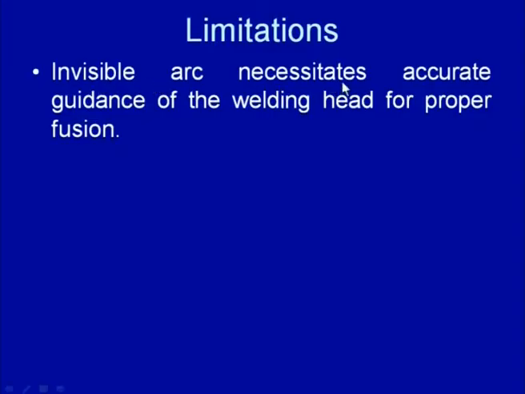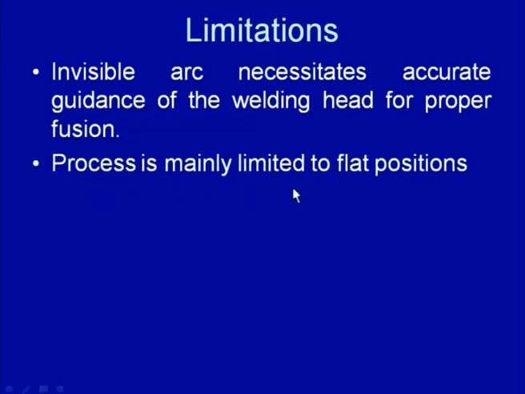But this process also suffers from certain negative points. The arc is invisible, so it necessitates accurate guidance of the welding head for proper fusion of the base metal along the weld line. And this process is mainly limited to flat positions, because it is required to form a pool of flux around the arc, and in positions other than flat, like vertical, horizontal and overhead, it becomes difficult to have this kind of pool around the arc.